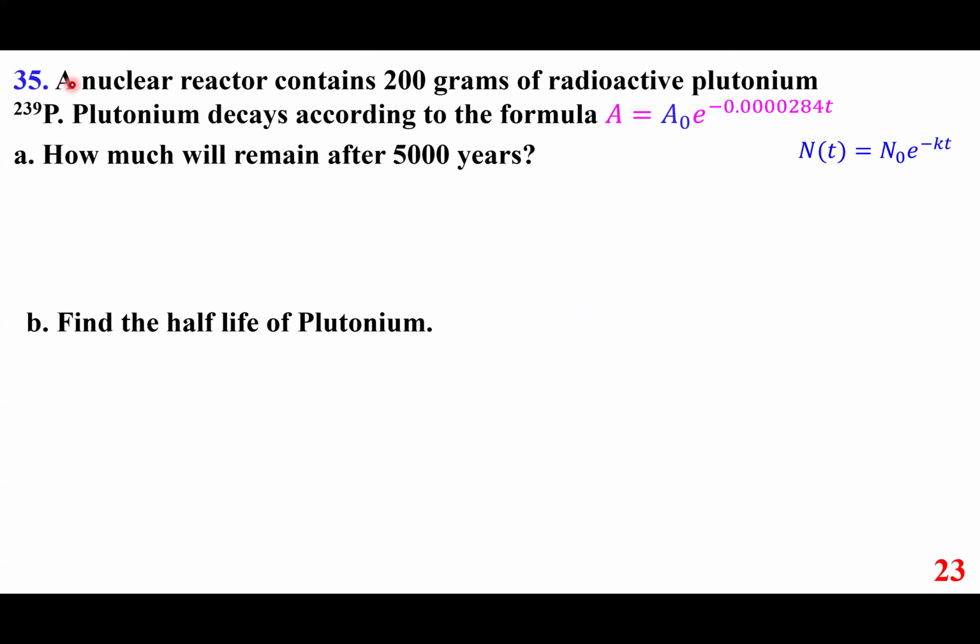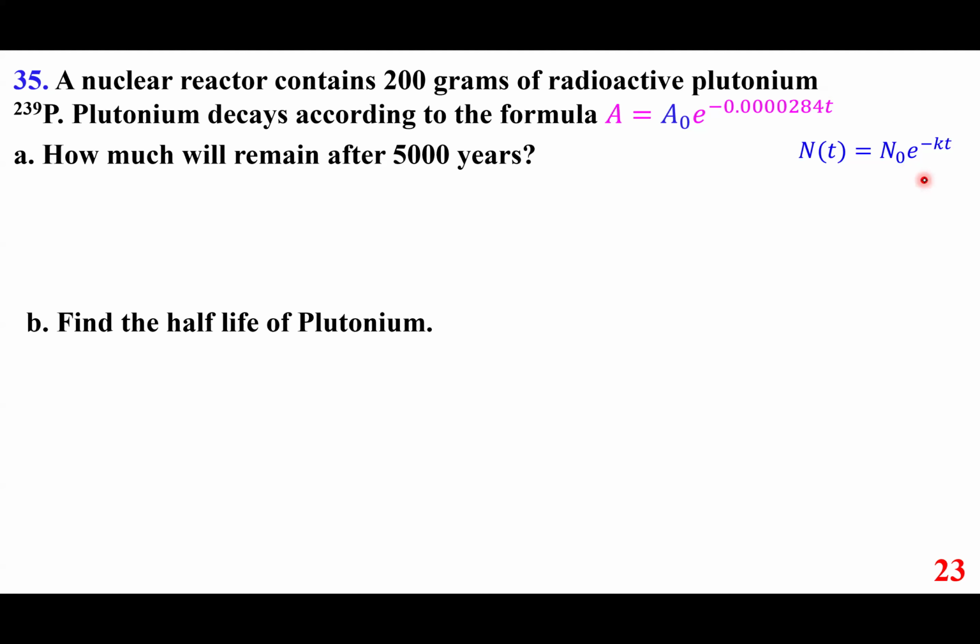A nuclear reactor contains 200 grams of radioactive plutonium, P239. Plutonium decays according to the formula A equals A sub 0 e to the power of negative 0.0000284 T. How much will remain after 5,000 years? And I'm going to remind you that N of t is N sub 0 e to the power minus kt.